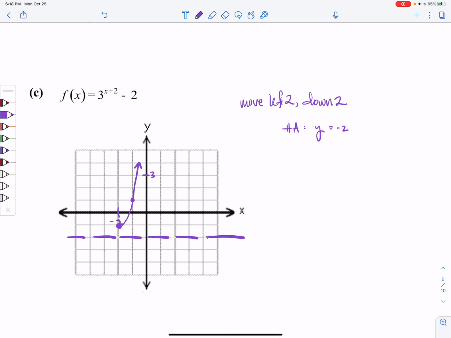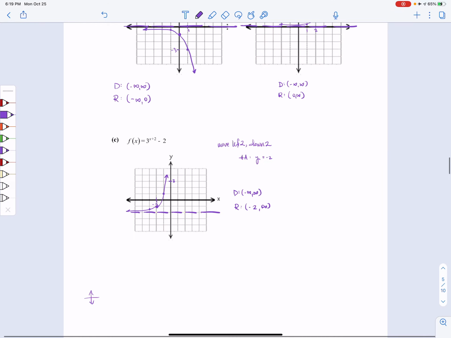And then last but not least, we would have also had the coordinate that was to the -1 and 1/3. And so if we take this one, let me see if I can just grab that piece and go to the left 2 and down 2, this is going to help me to get close to my horizontal asymptote. My domain here, -infinity to +infinity, and my range is going to be from -2 to +infinity.